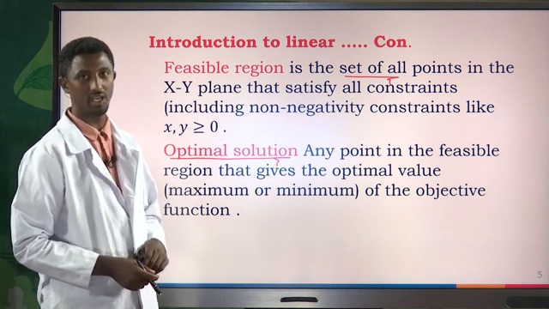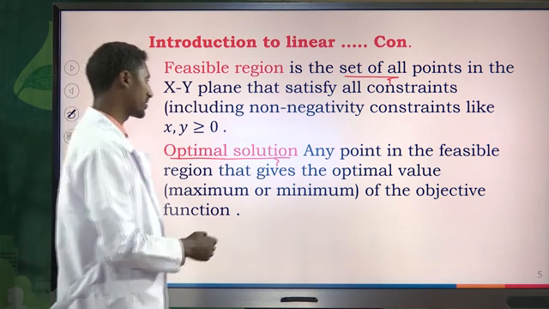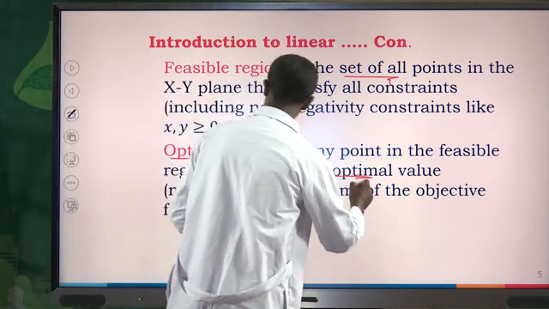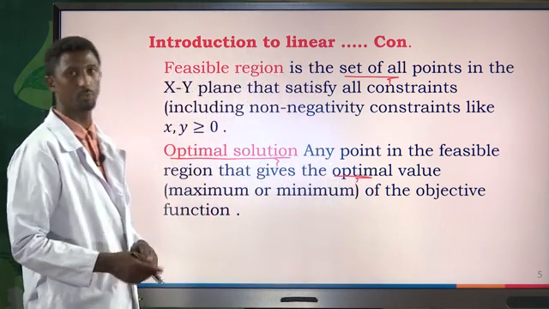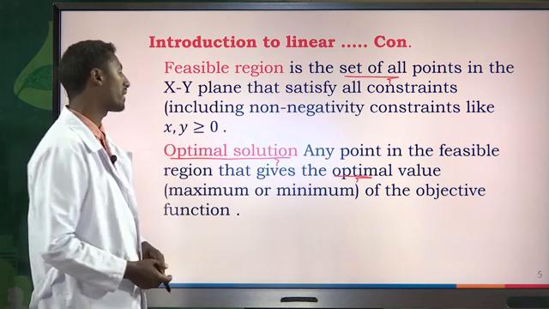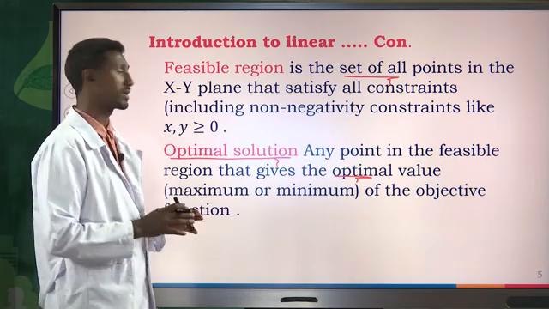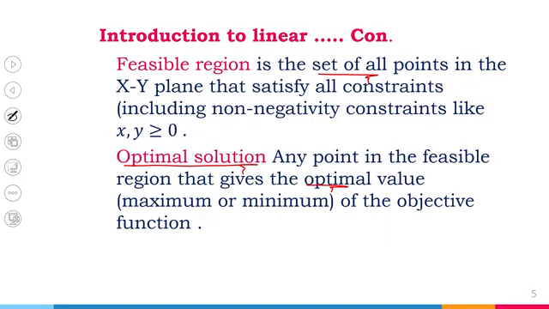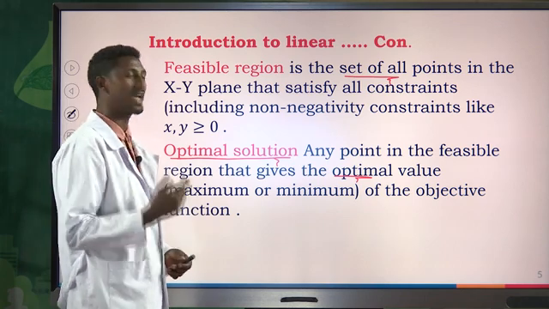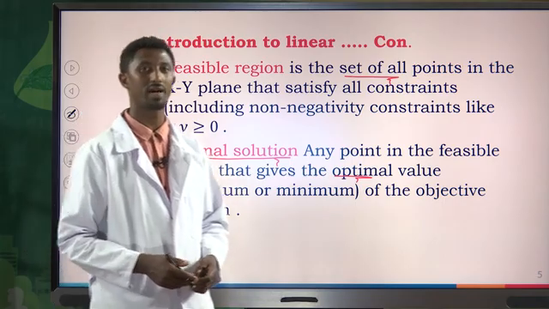An optimal solution is any point in the feasible region that gives the optimal value of a given function. The optimal value is either a maximum or a minimum value of a given objective function. So generally, the objective of this lesson is to determine the optimal solution of a given linear programming problem.